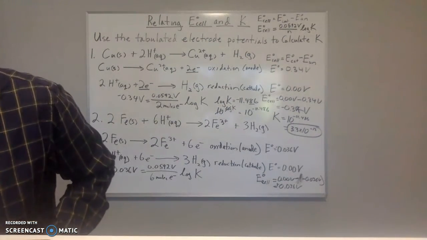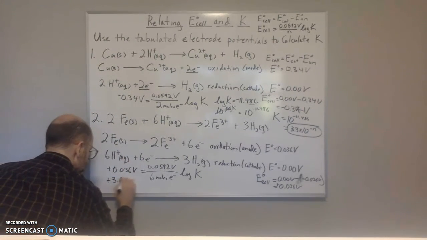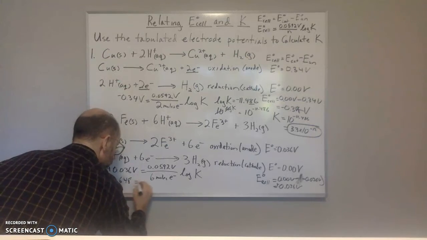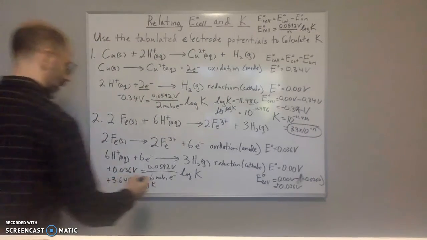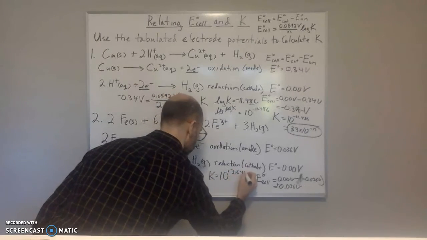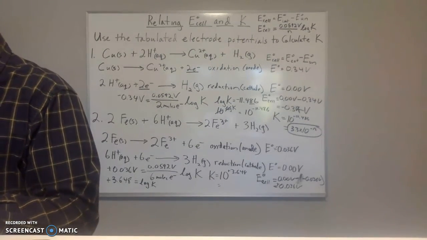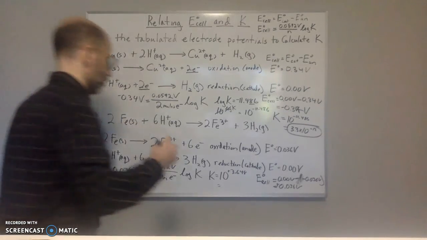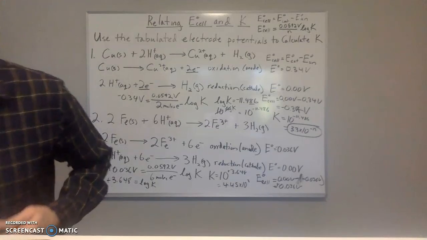Okay, so that's going to be 3.648. Let me double check. 3.648 is going to be equal to the log of K. And then if we do the same thing here, what we're going to end up with is K is equal to 10 to the positive 3.648, which is going to be equal to 4.45 times 10 to the third, I believe.